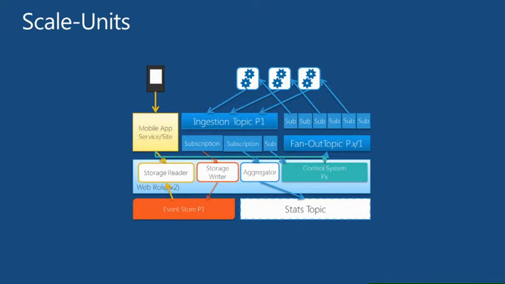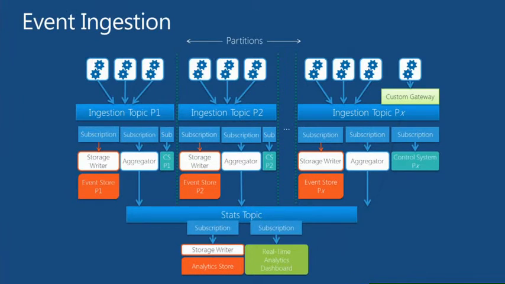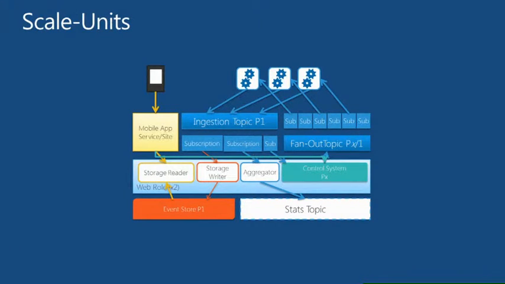Which brings me to the notion, before we debate all the other details, of scale units. If you take something away from this talk, anything, and it's not specific even to Service Bus, take away the concept of scale units. A scale unit is a set of resources of which you know the exact characteristics in terms of throughput and scale.